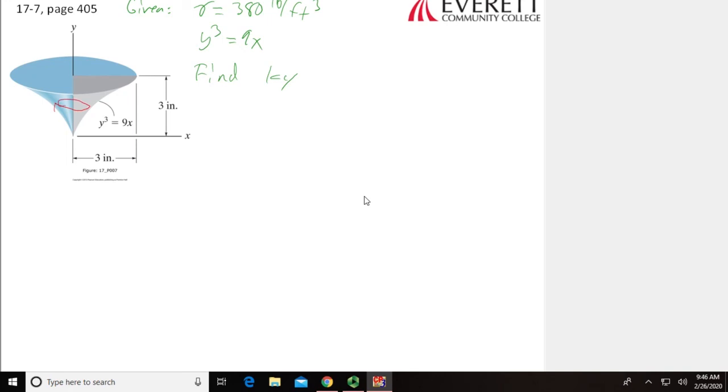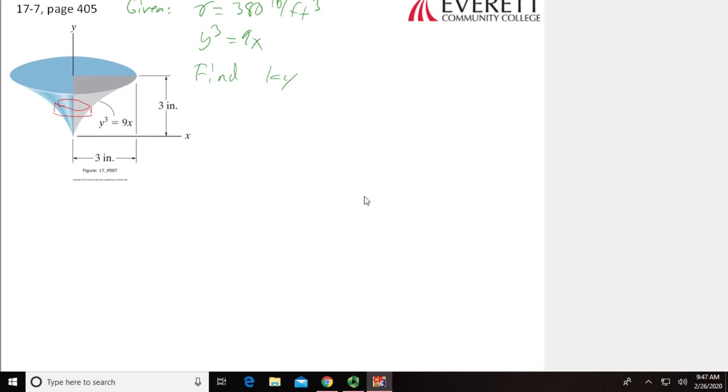There's not really one that's better. Typically, I look at what my d is going to be. This is going to be a dy. And I notice that I have a y cubed, so it's going to be pretty easy to differentiate in terms of dy, if I do the disk method. If I were to do the shell method, I'd have a dx, which I could also use. So both of them work. I think in this case the disk method's a little bit easier.